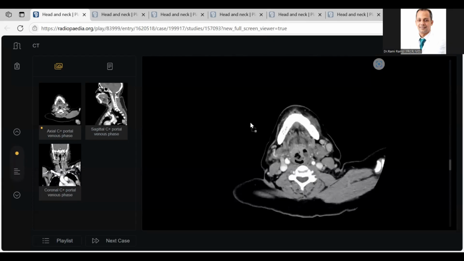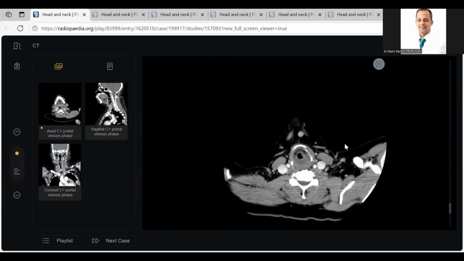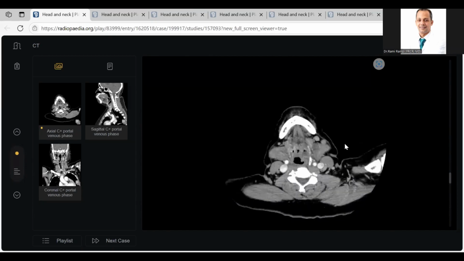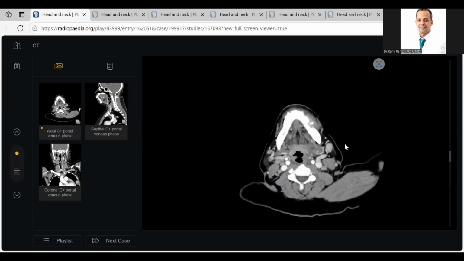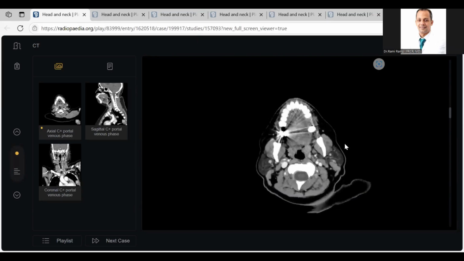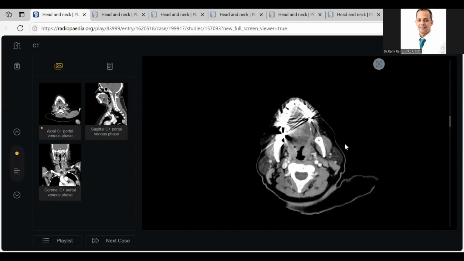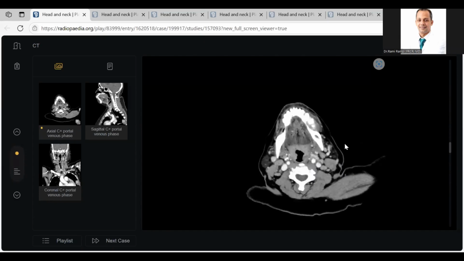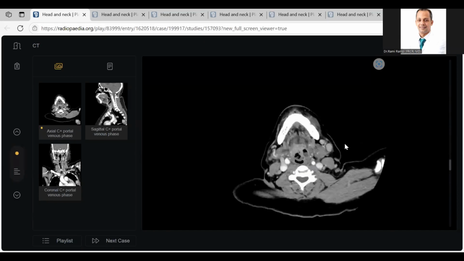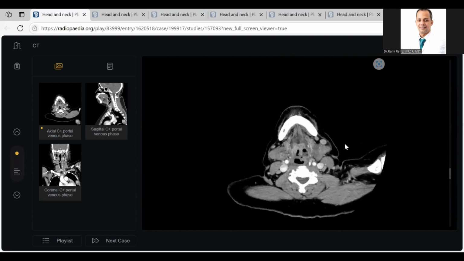Let me scroll for you. The visualized vascular structures appear unremarkable.